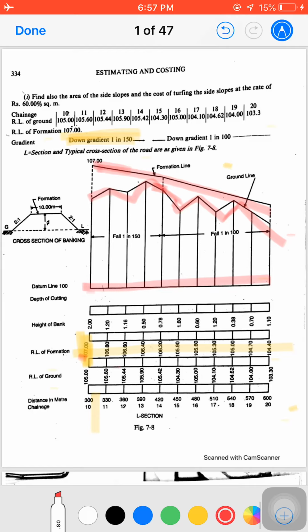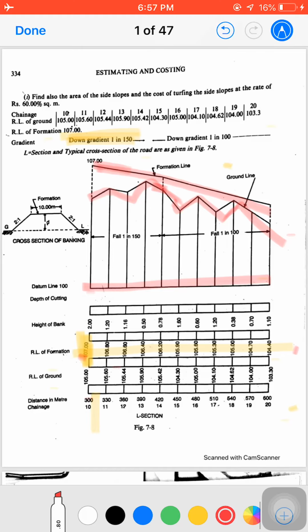Then minus 0.2 again 106.6, minus 0.2 106.4. Similarly up till the 20th chainage. Then calculating the height of bank, that is the depth, will be by the formula RL of formation minus RL of ground.